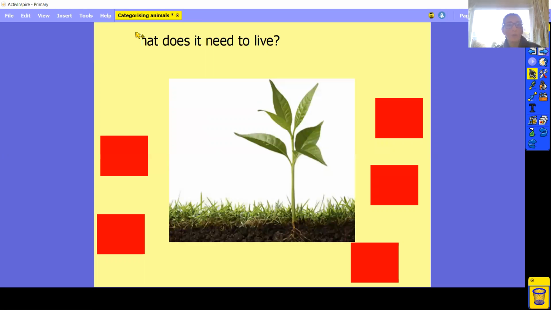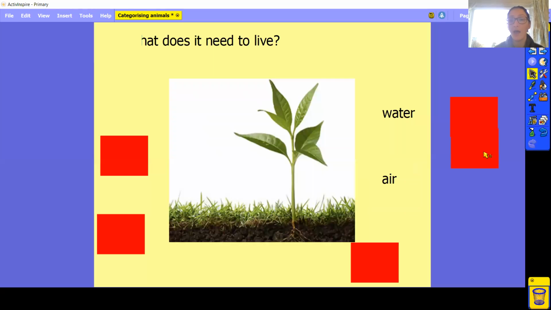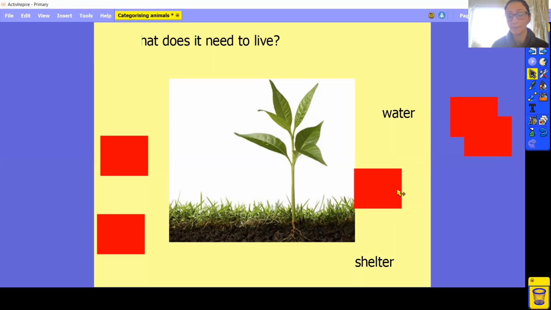So, what does a plant need to survive? Let's go through this. It needs water, okay? All living things need water to survive. It needs air, okay? All living things need air to breathe to ensure that they can survive. Shelter. A plant needs to be in the right temperature and the right place. It can't be in too cold a place or else it won't have enough energy to survive.